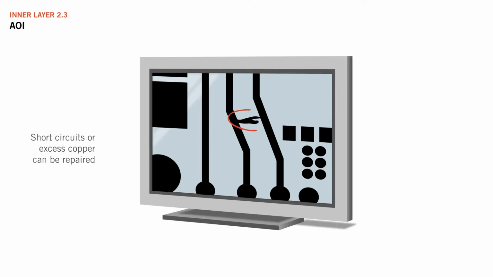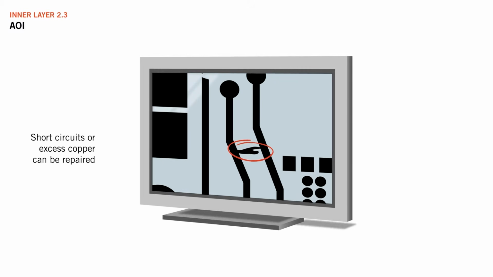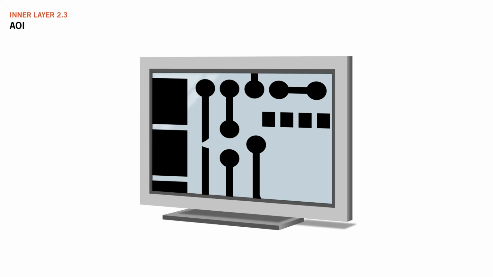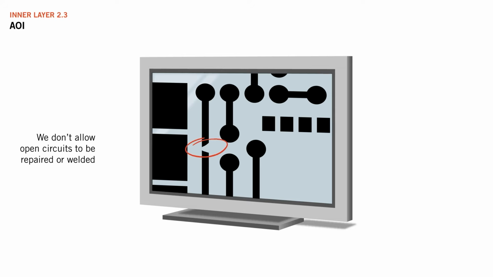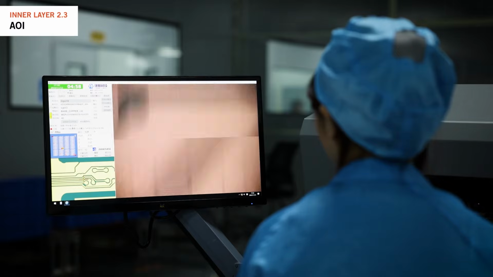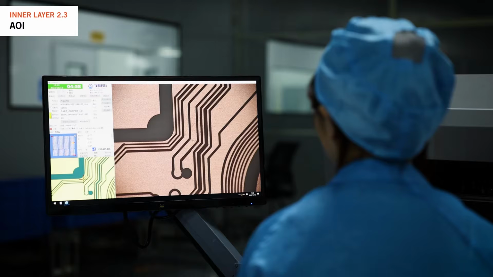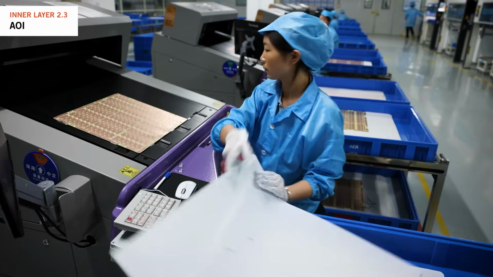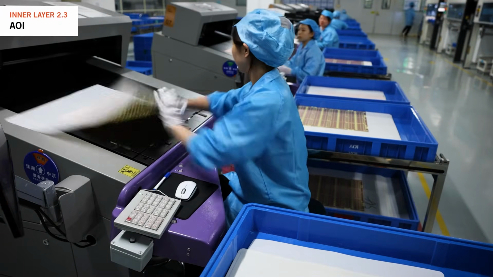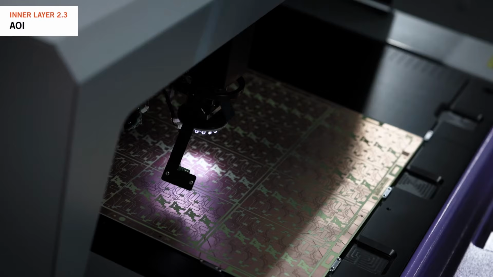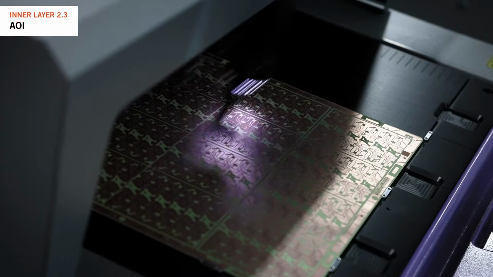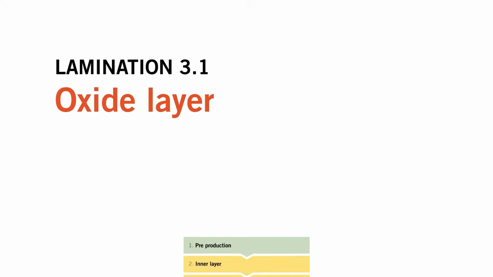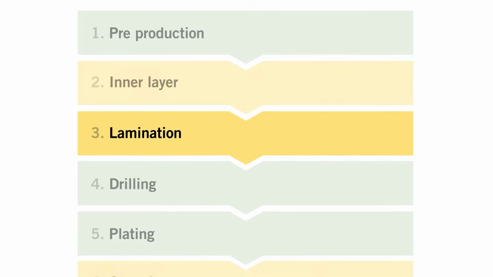Short circuits or excess copper can be repaired, but according to our PCB specification, we don't allow open circuits to be repaired or welded. This enhances reliability by eliminating the risk of repair failure and does not compromise signal integrity. We also ensure that only the most suitable equipment offering good definition and imaging qualities is used for our products.